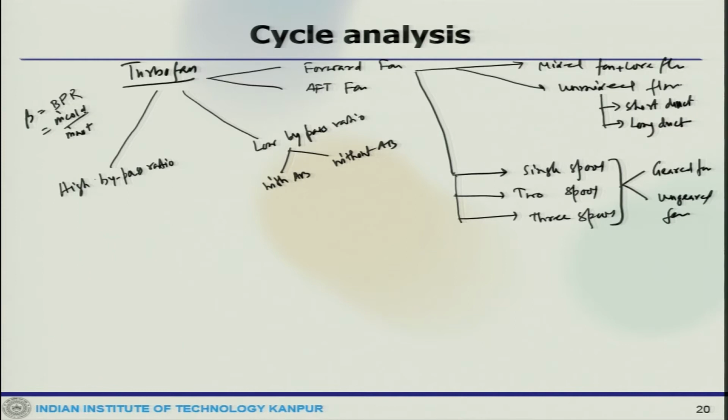That means this could be m dot fan by m dot core. So, how much passes through the engine and how much is bypassed. So, that is what it is.